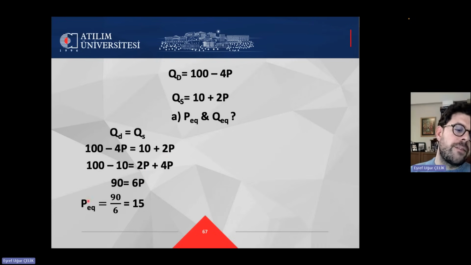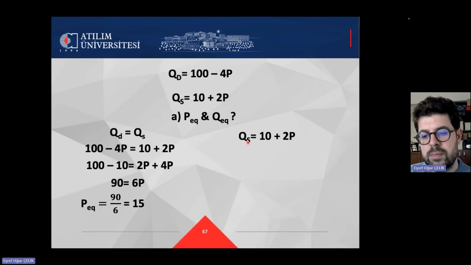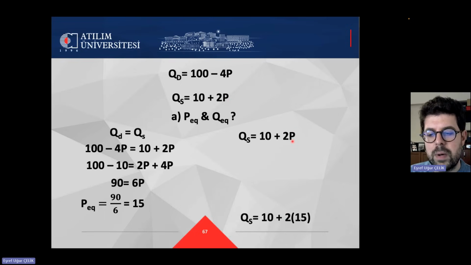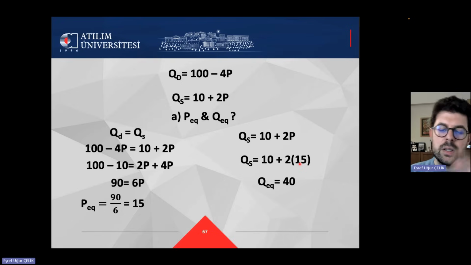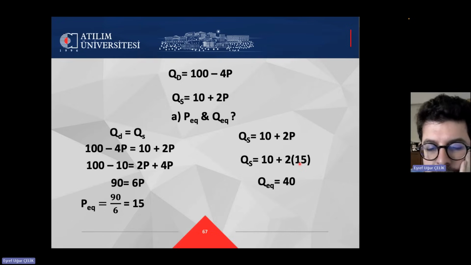So we can find the equilibrium price is 15. Then you can put this number into the quantity demanded or QS part to find the equilibrium quantity. Let's put it in the quantity supplied part, and the equilibrium quantity is equal to 40. If you don't believe me, you can put it in over here too.